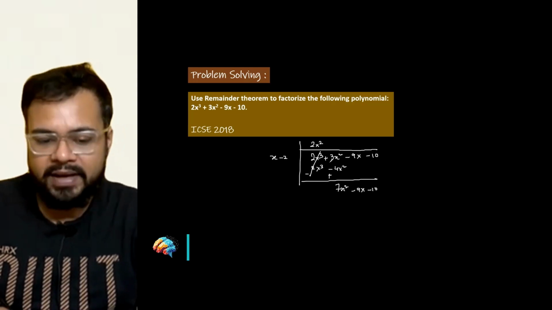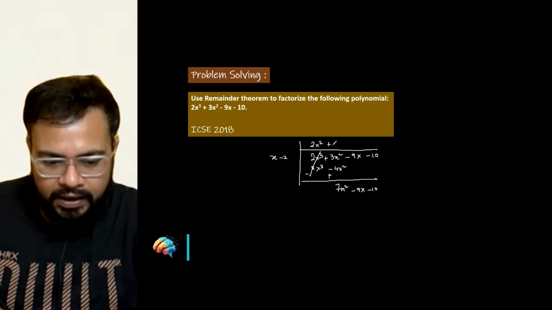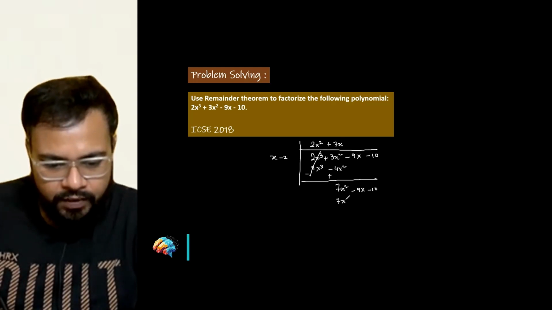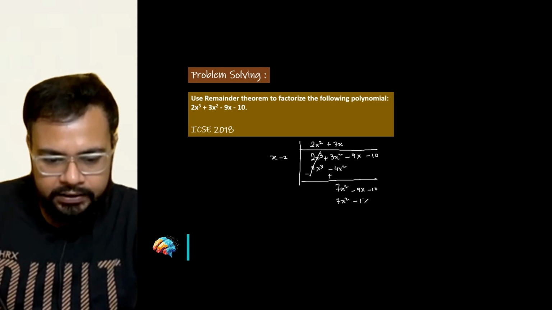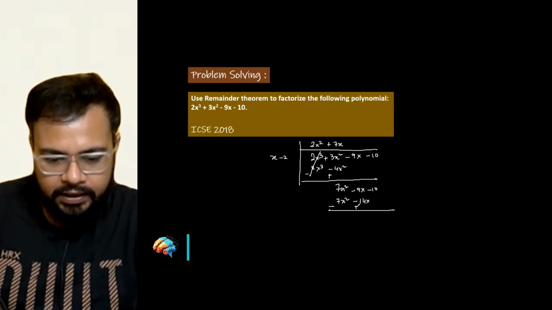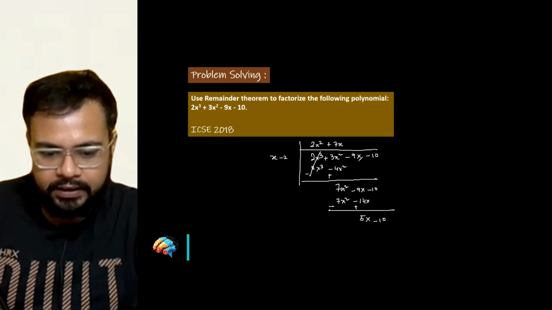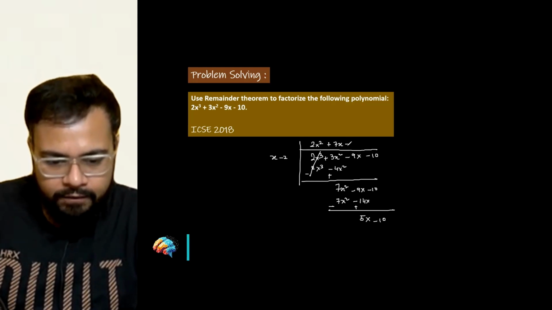So now again matching the leading term, we multiply with 7x. That gives us something like 7x square and minus 14x. So cancel this, make it plus, should become 5x minus 10. It will be 5 now, and that will become 5x minus 10, and this should cancel.